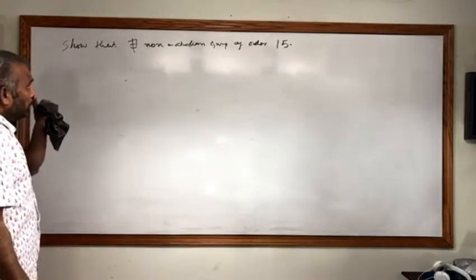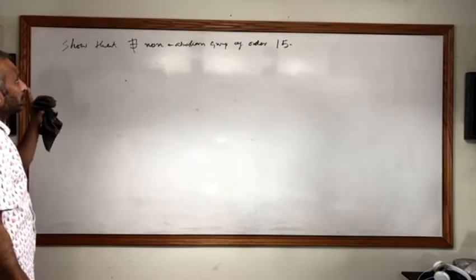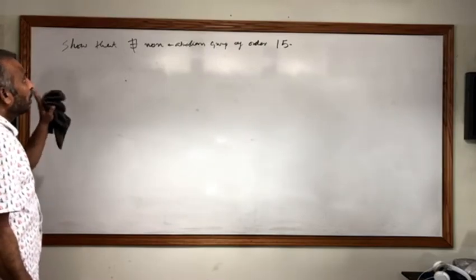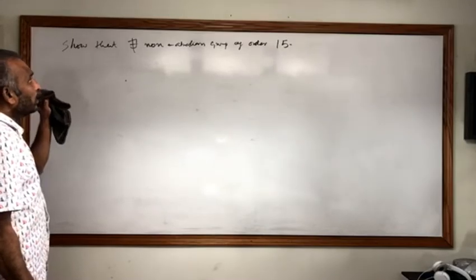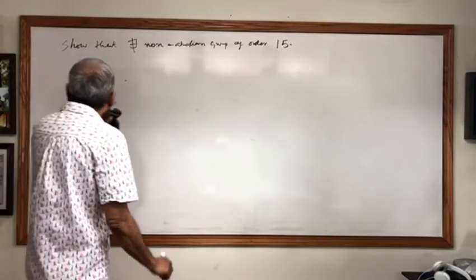What we are going to do is find out there exists no presentation for a non-abelian group of order 15.